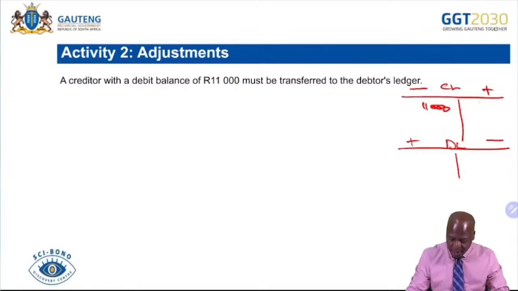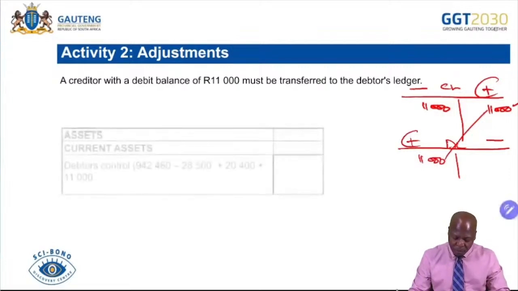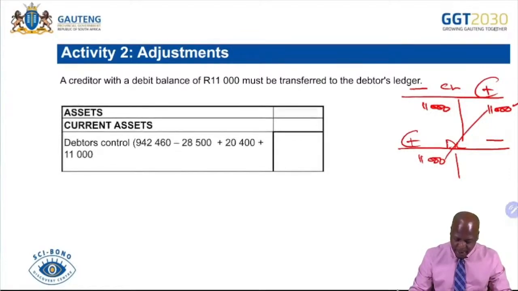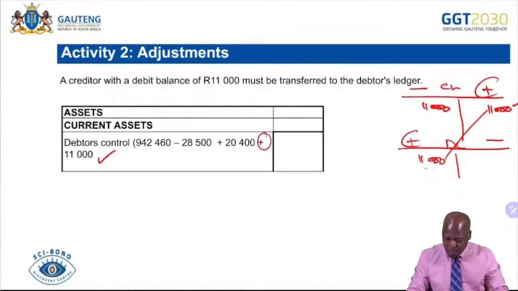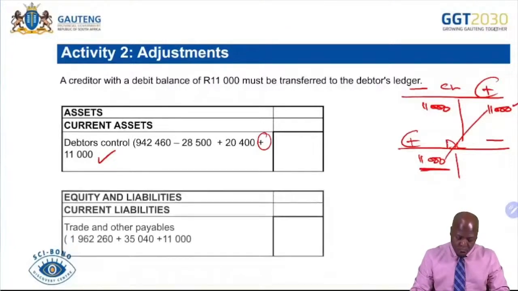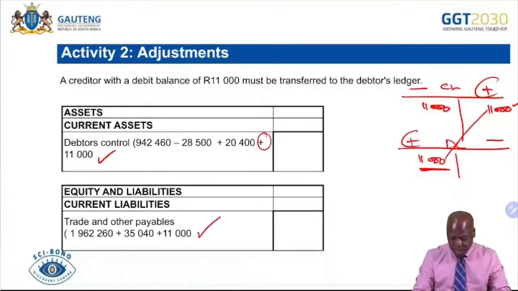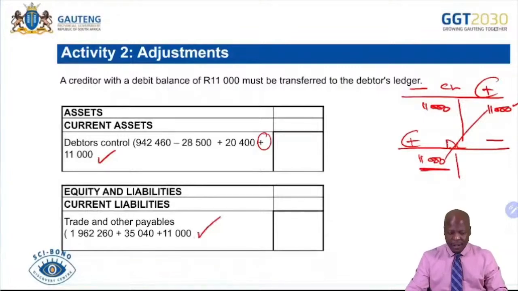If I'm transferring this to the debtor's ledger, I'm bringing 11,000 here, which to complete double entry, I'm going to bring 11,000 here. So my signs are going to be a plus and a plus. So I'm going to come now to my current assets under debtor's control. I'm going to say plus 11,000. The sign is very important because I brought it to my debit side. And I'm also going to come now to my current liabilities, and I'll do the same and say plus 11,000.